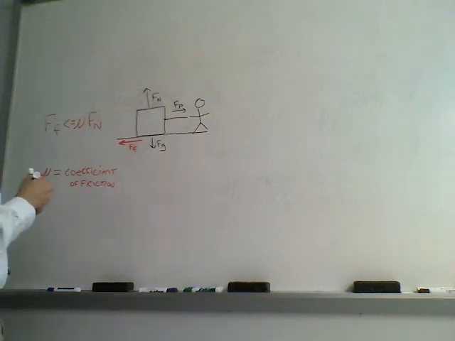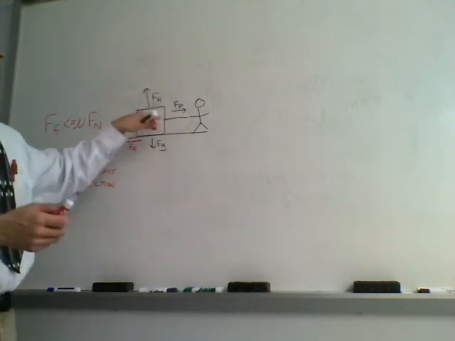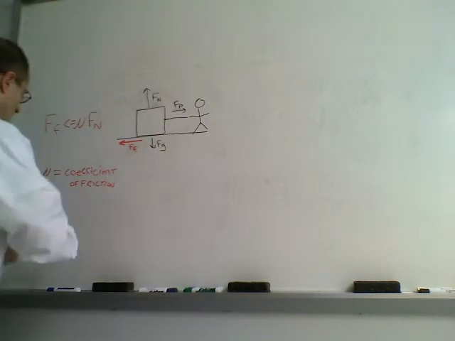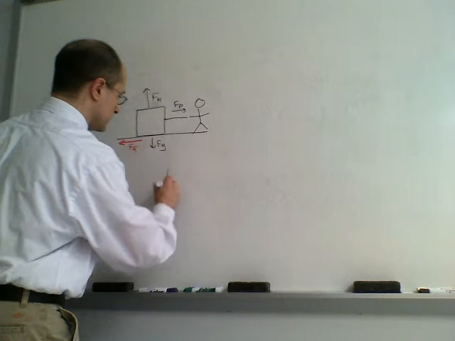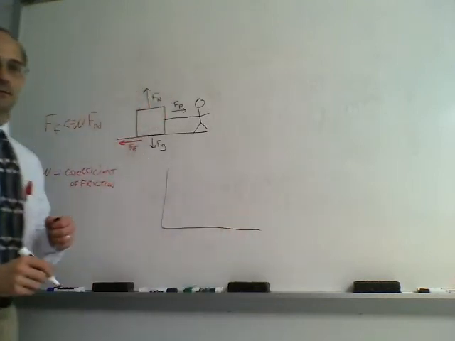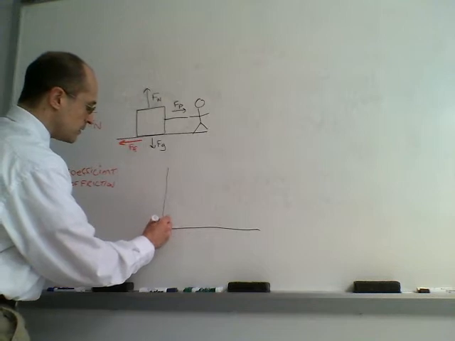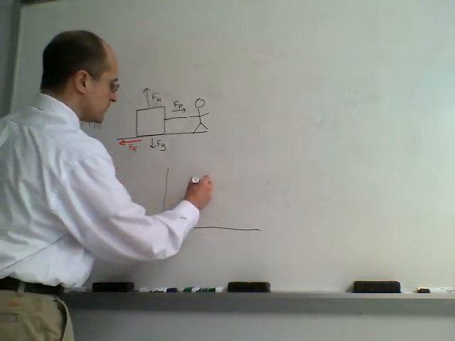So what do I mean by that? If I'm pulling on my block, and there's a force of friction between the block and the surface, the force of friction will match the force of my pull up until some value.